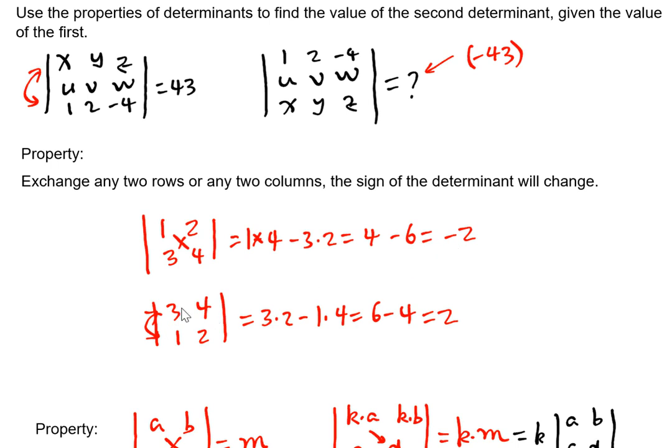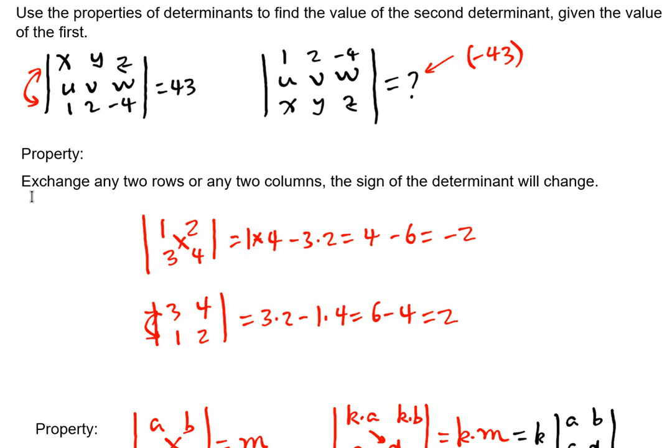If you exchange these two rows, row 2 goes to row 1, row 1 goes to row 2, you do 3 times 2, subtract 1 times 4. So that's 6 minus 4 is 2. So those two are opposite numbers. That's why when you exchange any two rows or any two columns, the sign will be changed.